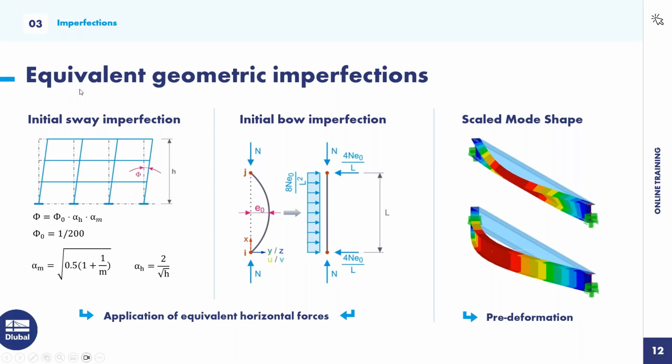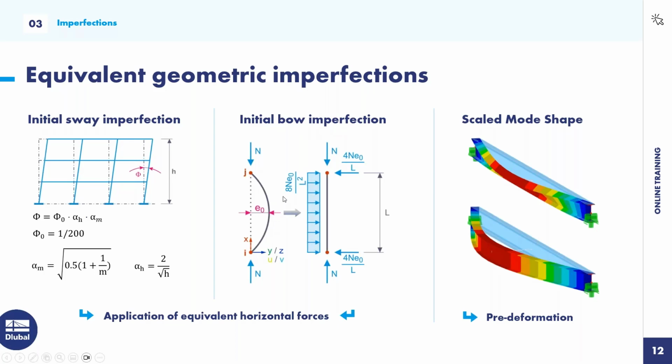What I also need to mention is that on the left side of the graphic, you can see the initial sway, a global imperfection that can be applied to the structure. And if individual components are to be examined more closely, there are local equivalent imperfections, for example, an initial bow imperfection.